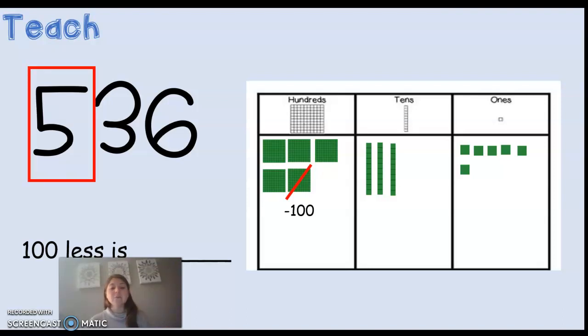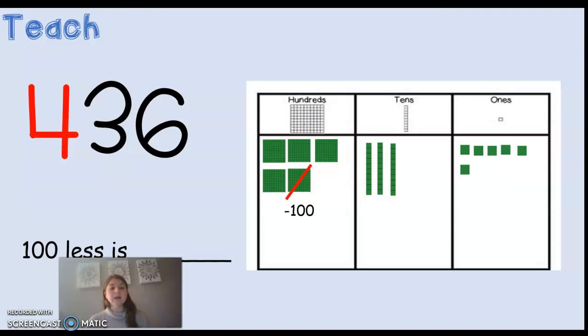I only have 1, 2, 3, 4. I'm going to change the 500 to a 4. 100 less is 436. Notice that my tens don't change and my ones don't change because I'm only finding 100 less. So my hundreds place is the only one changing.